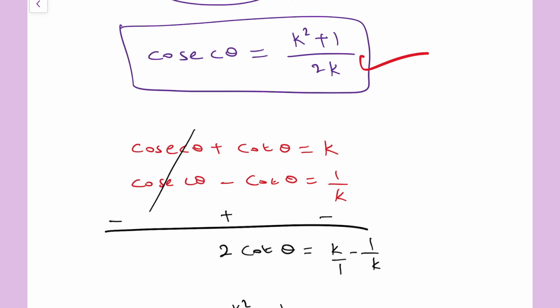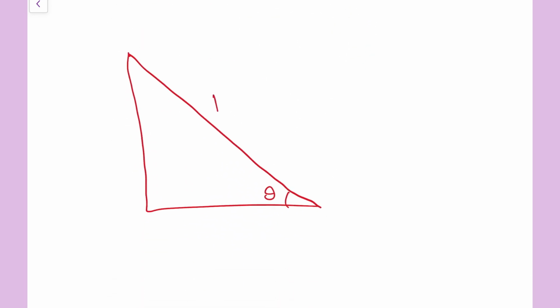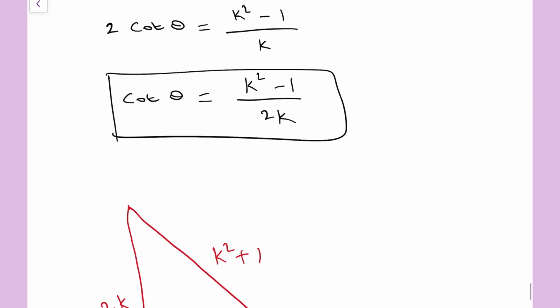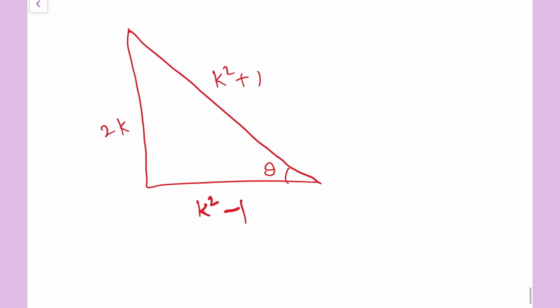Cosec theta is hypotenuse by opposite, so hypotenuse is k square plus 1 and opposite is 2k. Coming to the second answer, cot theta equals k square minus 1 by 2k. Cot theta is adjacent by opposite, so adjacent is k square minus 1 and opposite is 2k. So in the right angle triangle we got all three sides, and then we can write whatever is asked.